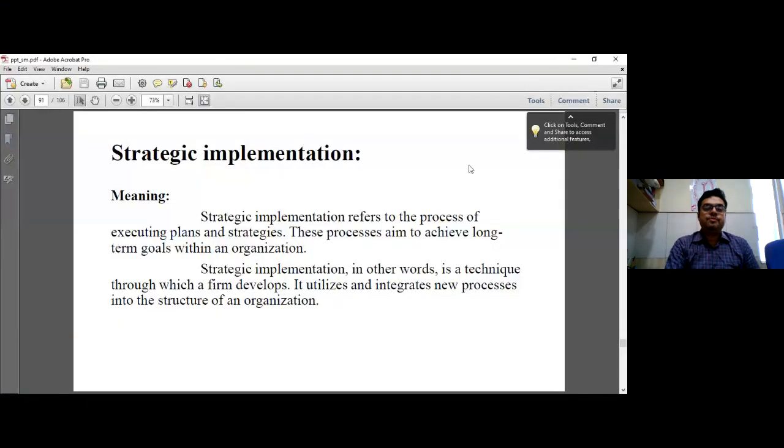This is what I want to show, what strategy implementation is all about and what it aims at doing in terms of plan execution, achievement of the long-term goals within the organization, the areas in which the firm would develop, and it is a technique through which it utilizes and integrates new processes into the structure of an organization.